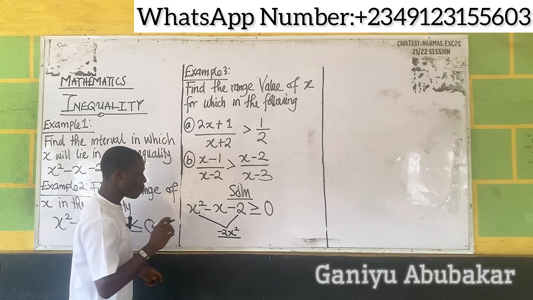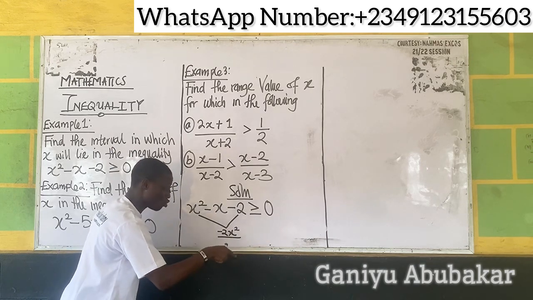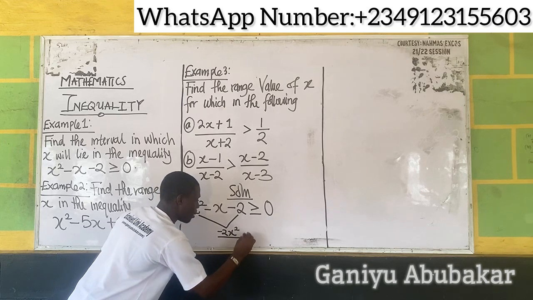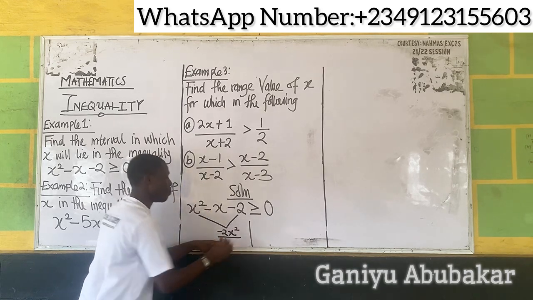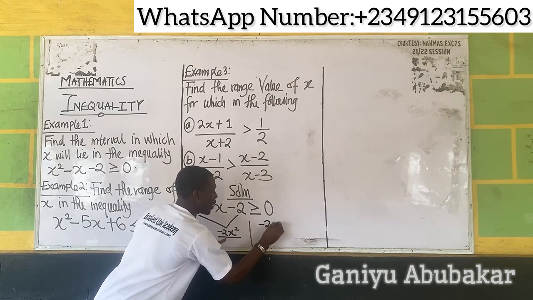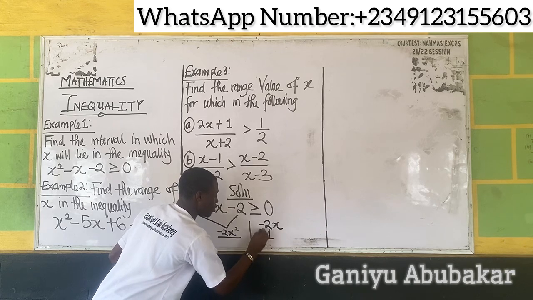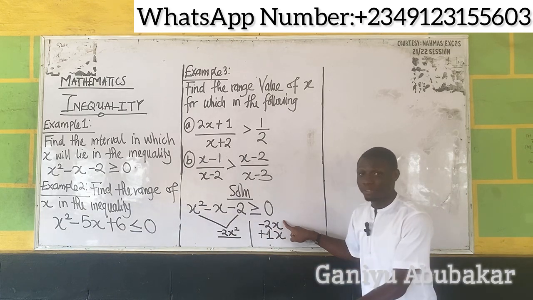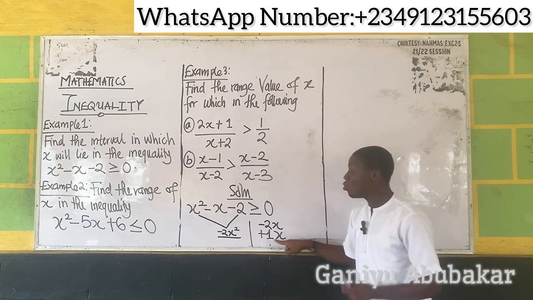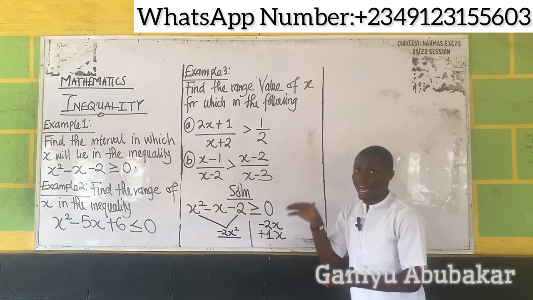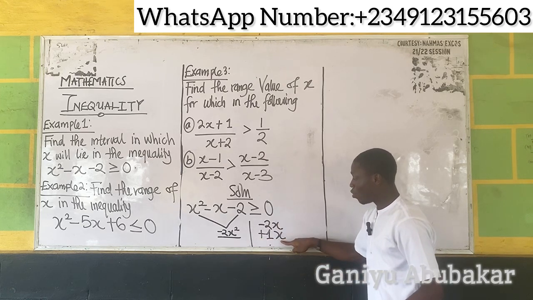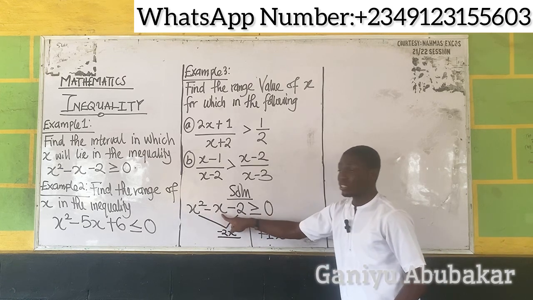The two numbers are minus 2x and plus 1x. Observe that minus 2x times plus 1x gives minus x squared, and adding them up, minus 2x plus 1x gives minus x.